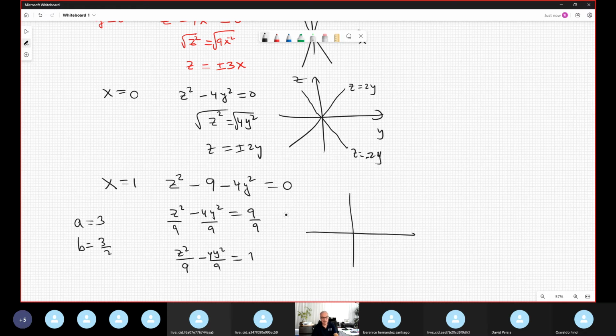In the ellipse, the major axis is A. In the hyperbola, it is not important which is bigger. The important thing is which is positive. And this is the transversal axis. This is in the YZ plane. And our hyperbola looks like that. Because the transversal axis is always coincident or parallel to the axis that is positive in the equation.